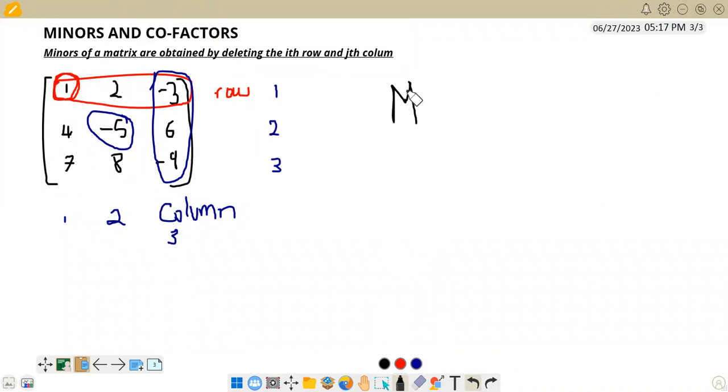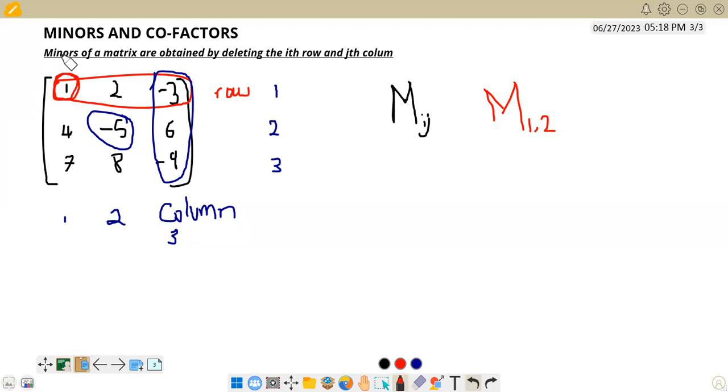Minors are denoted by the letter M. If we want to find the minor, we denote it with I and J. This I means the ith row, and J is the jth column. For example, if we are asked to find the minor for the element in row 1, column 2, we want to find the minor of this element.